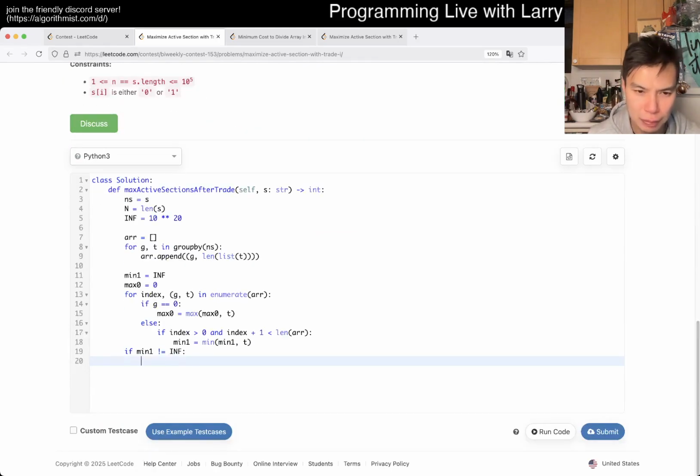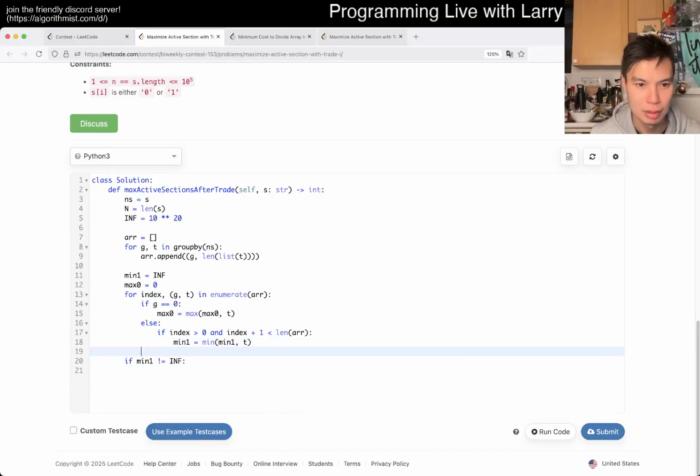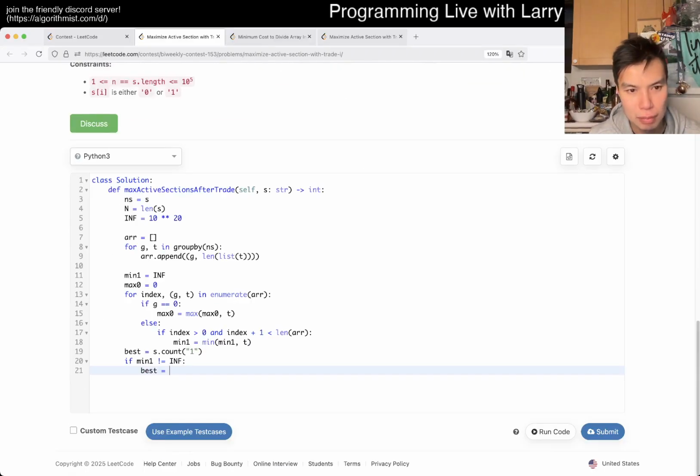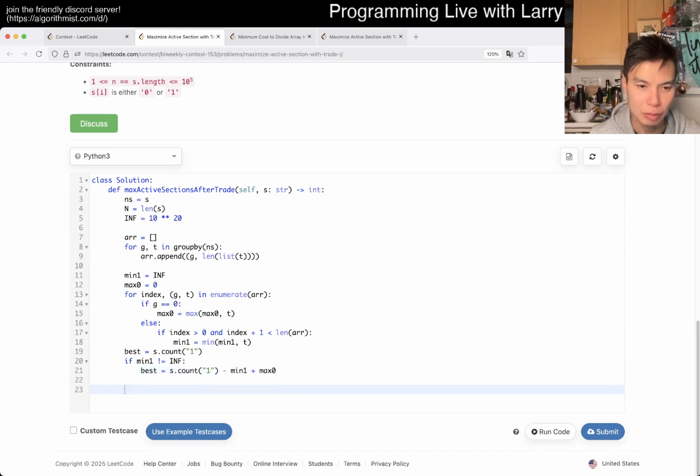Okay, so then if it's not infinity, then it is going to be minus min1 plus max 0. Okay, so that's one possible answer.